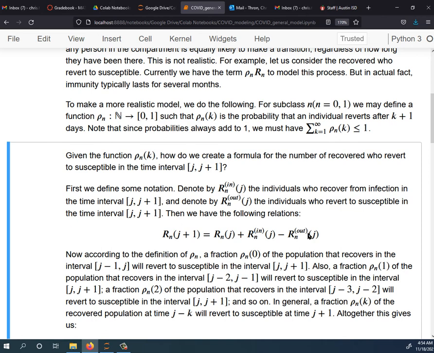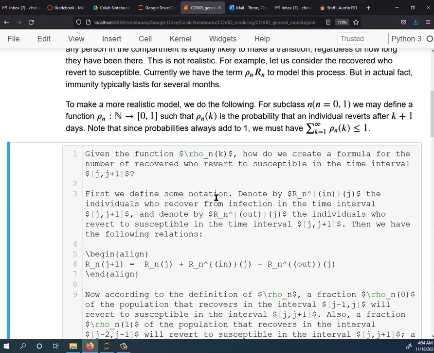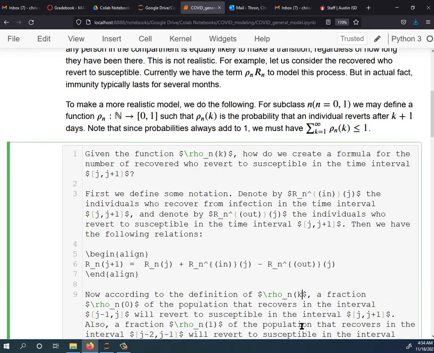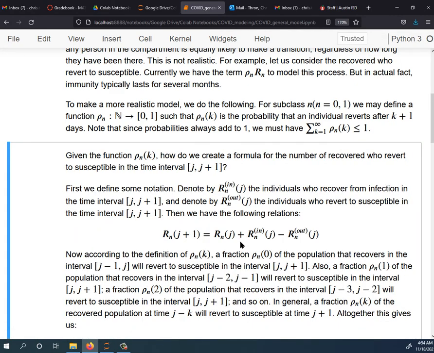All right, so now, according to the definition of rho_n of k, a fraction rho_n of 0 of the population that recovers in this time interval will revert to susceptible in the next time interval.